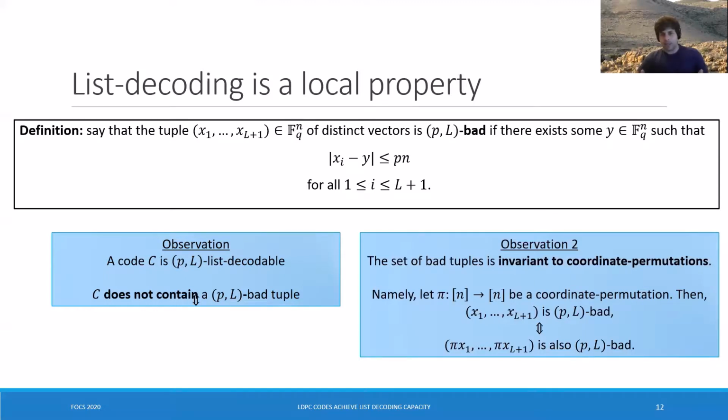So we have L+1 vectors, and we apply the same rearranging function to each of these. And it's not hard to see that if you take a bad tuple, x_1 to x_{L+1}, and apply the same rearrangement to all vectors in this tuple, then you get another tuple, which is also bad. So we call such a set of tuples invariant to coordinate permutations.